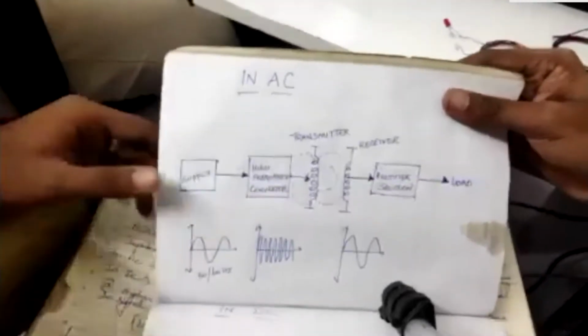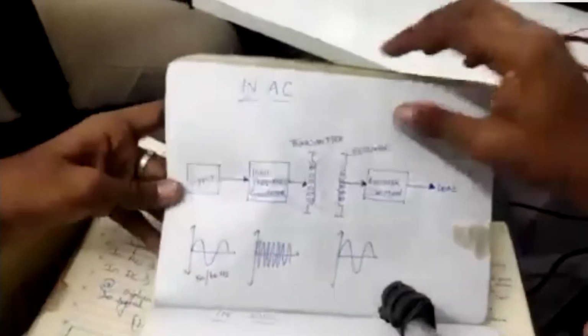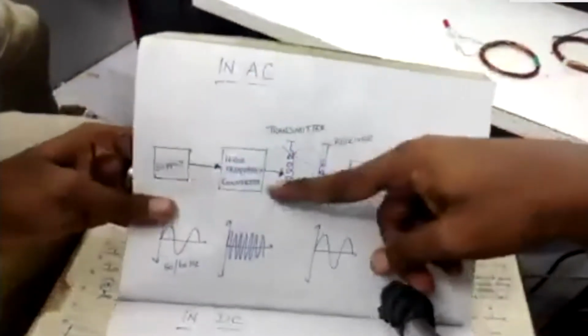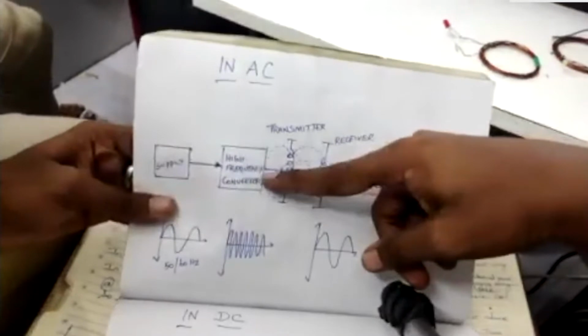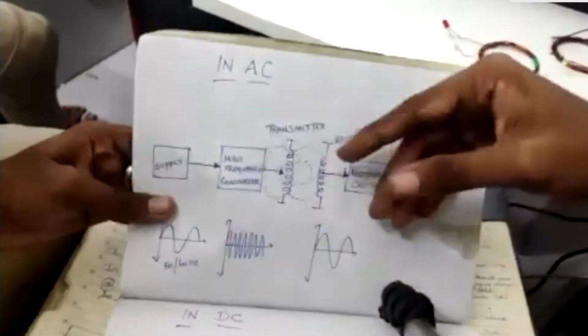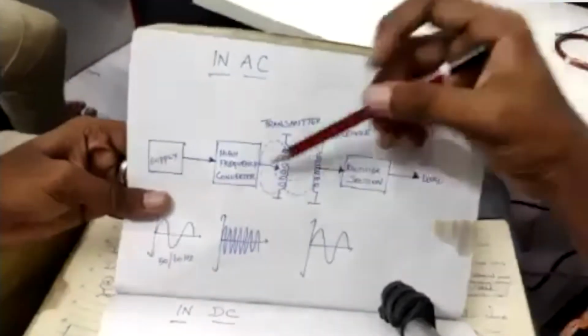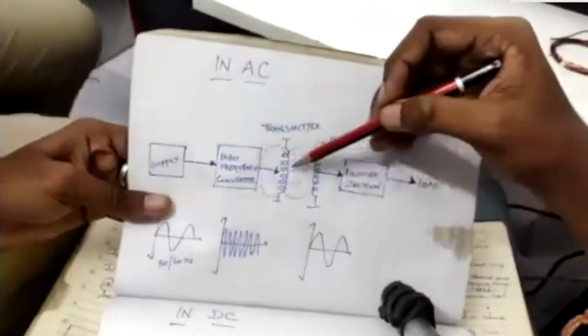In AC, the supply frequency is 50 hertz or 60 hertz, and it is converted by a high frequency converter, which means the 50 or 60 hertz is converted into 4000 or 5000 hertz, and it is fed to the transmitter coil.